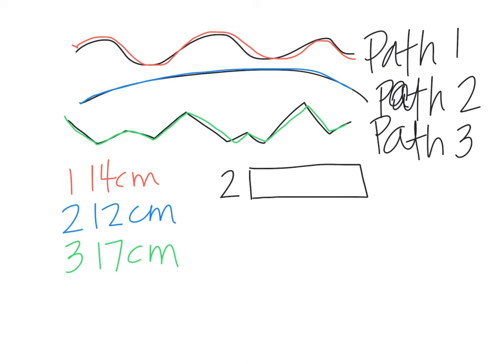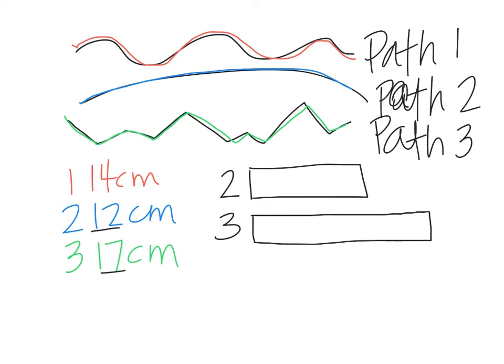Is that shorter or longer than path 3? You should say shorter because 12 is less than 17. And now path 3 is 17. And since it's longer, I need to actually make that longer. I've been doing tape diagrams where the larger number is on top, but this time it's actually on the bottom.